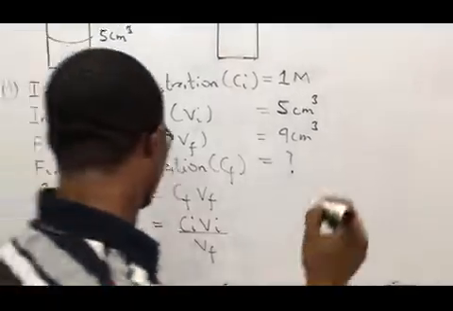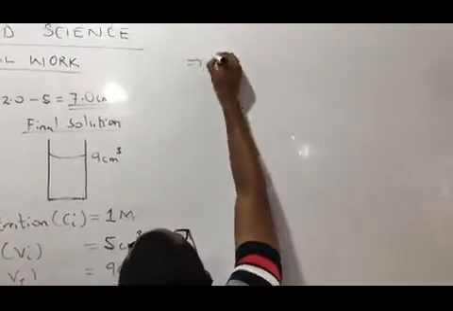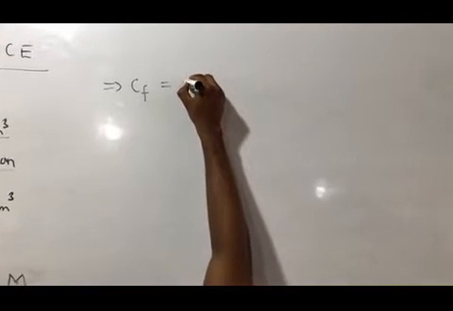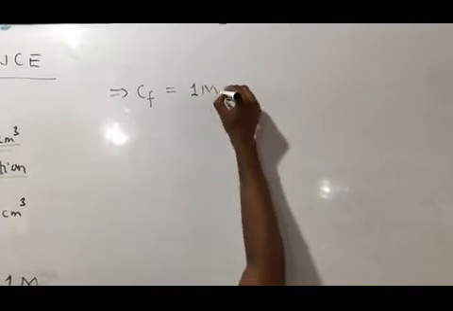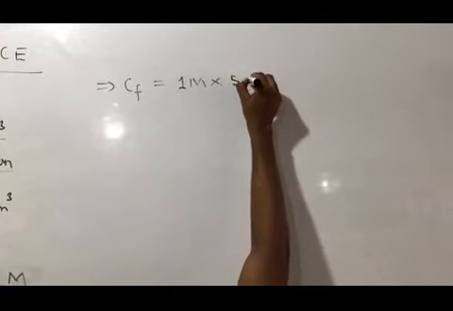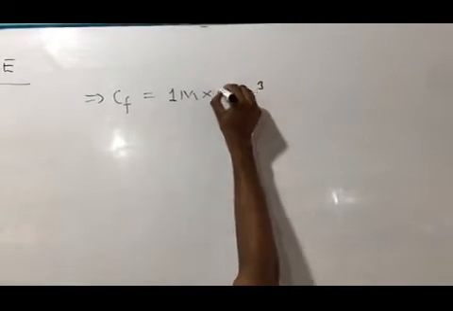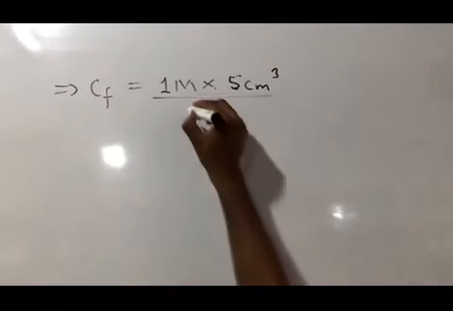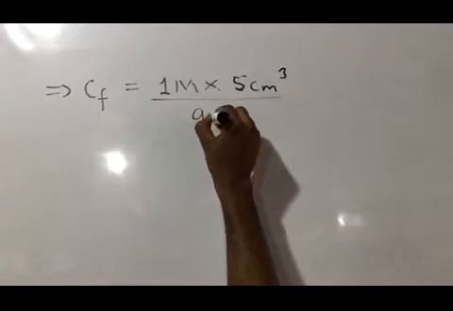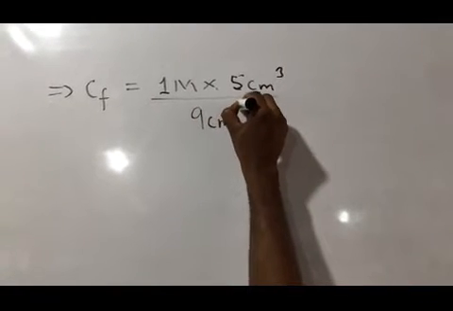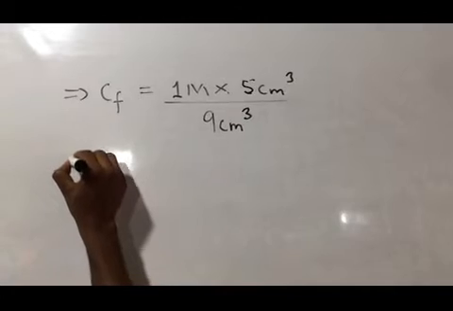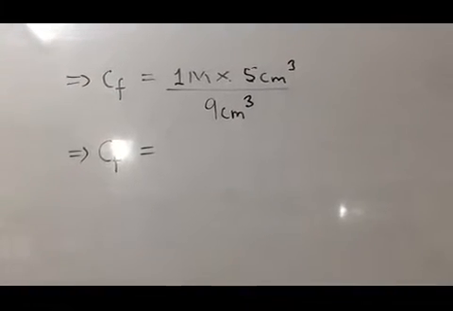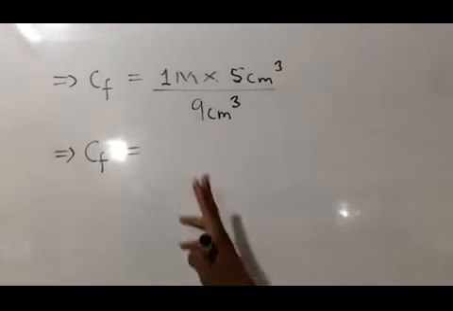Okay, so if you do the substitution, you have Cf equal to Ci, which is 1 molar, times Vi, which is 5 cm³, over Vf, which is 9 cm³.